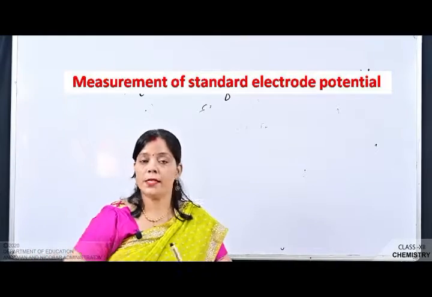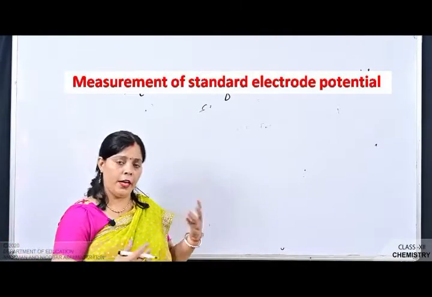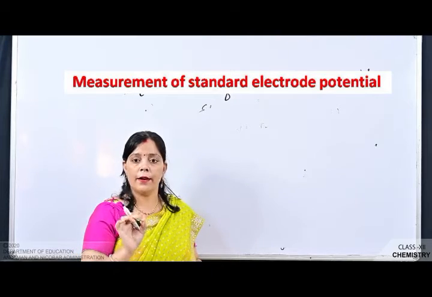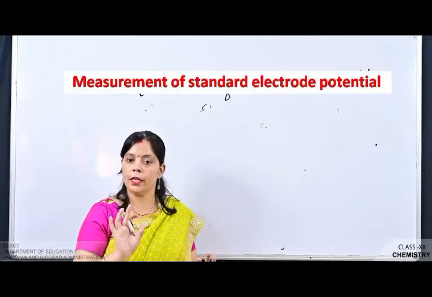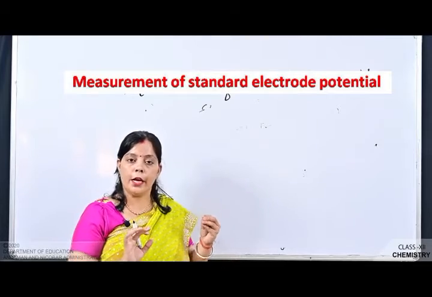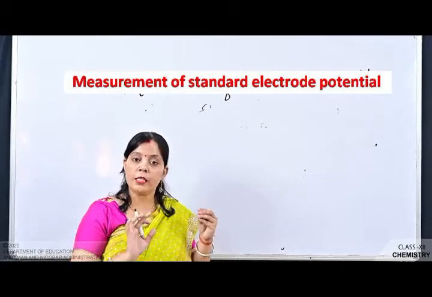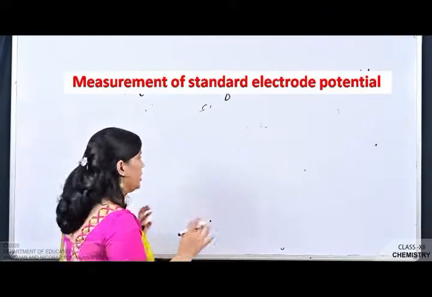So students, to measure the standard electrode potential of any individual half cell, the condition is that the half cell must be in the standard condition, because electrode potential is measured only for an electrode in standard condition.